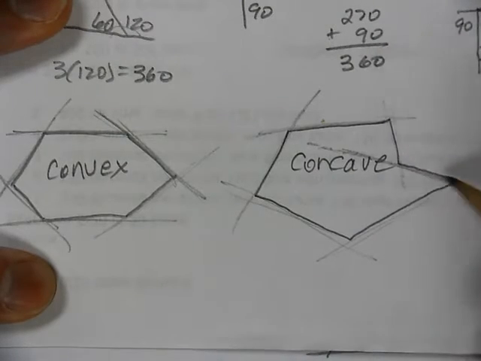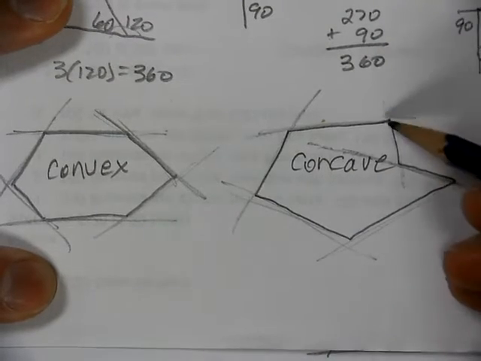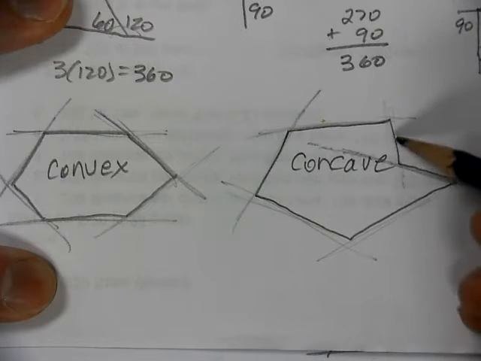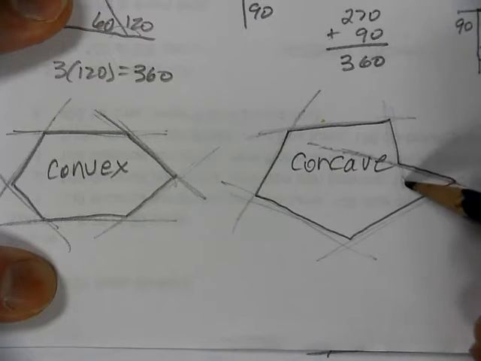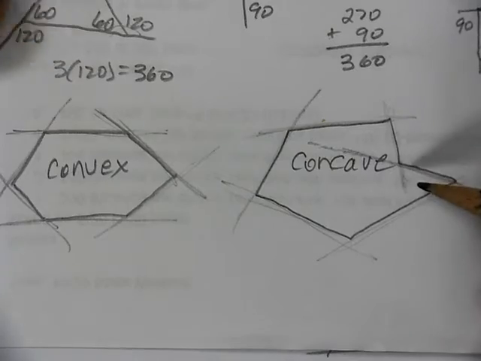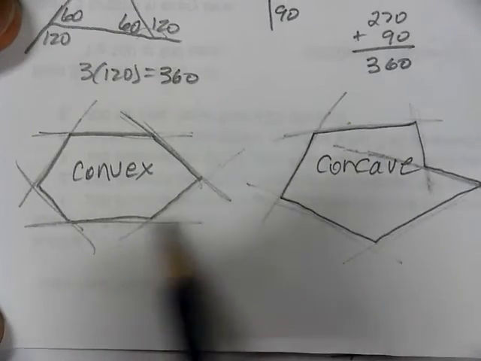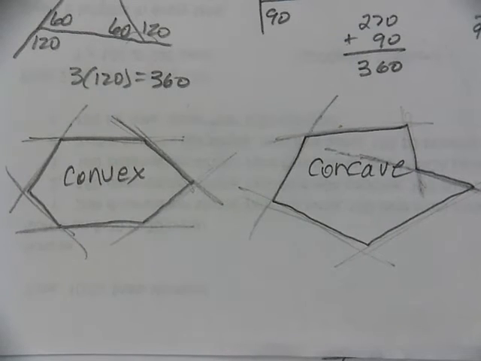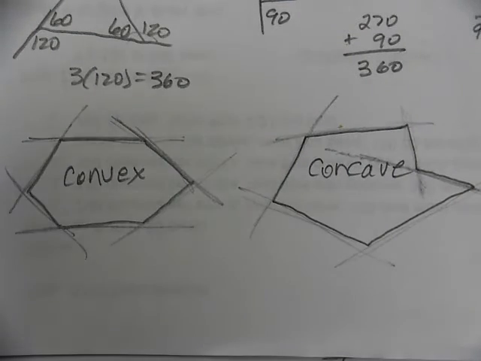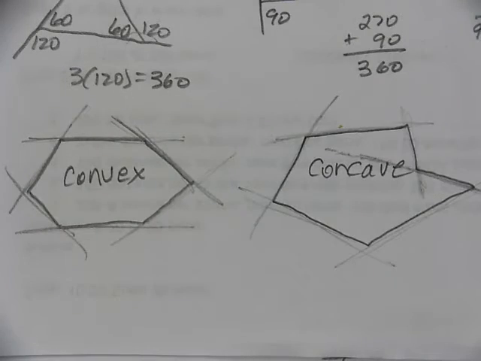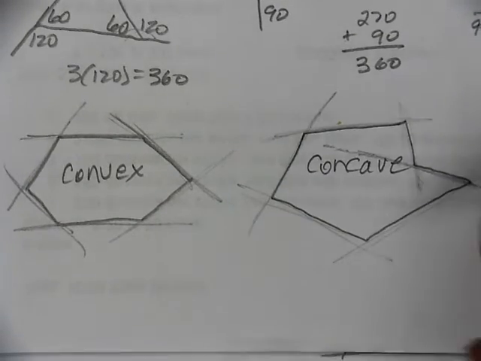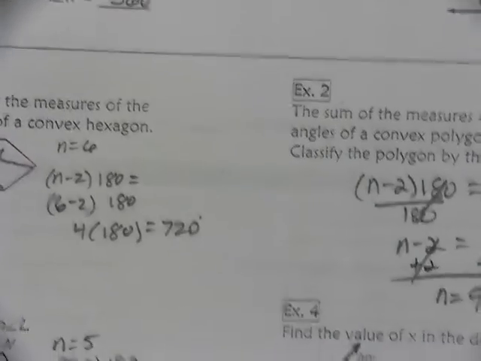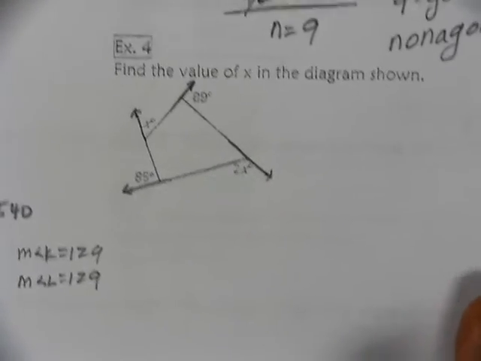If you can't see the cave that's happening with concave, you can extend the sides and notice it goes to the interior, where convex never goes to the interior. Okay, so that's the difference between convex and concave. We will always be doing convex polygons in all of our lessons, but they state that just to make it real clear for you.